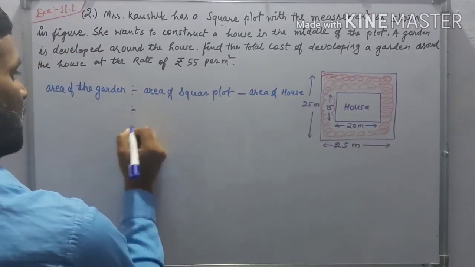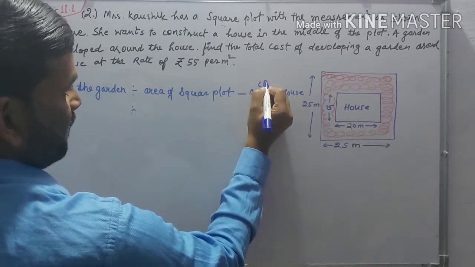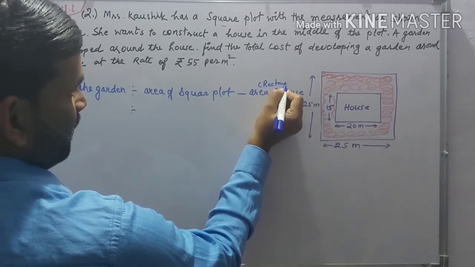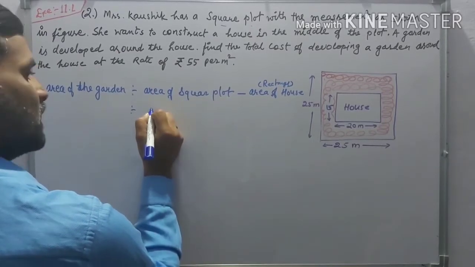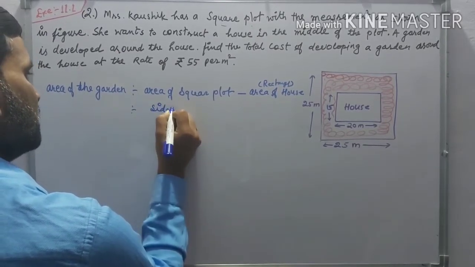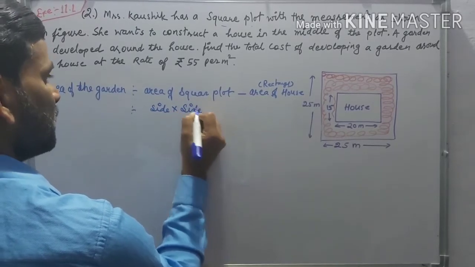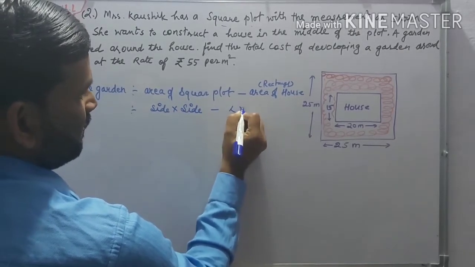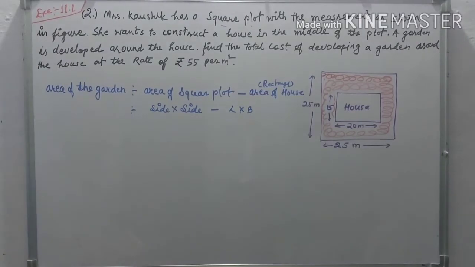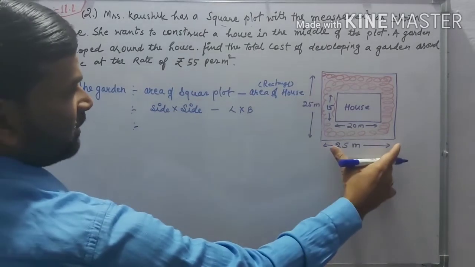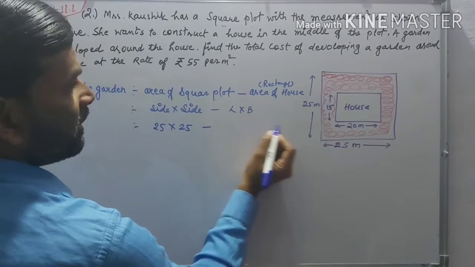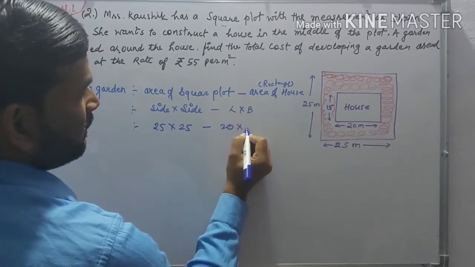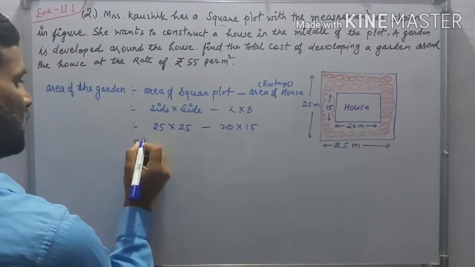The house is a rectangle shape, and the plot is a square shape, so it is side into side minus length into breadth. Now write side into side: how many sides will the square have? It is 25 into 25, minus length 20 into breadth 15.